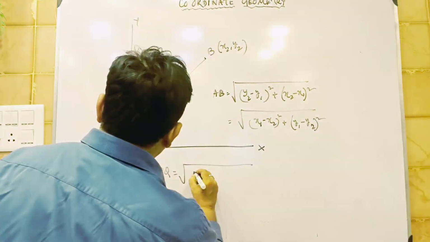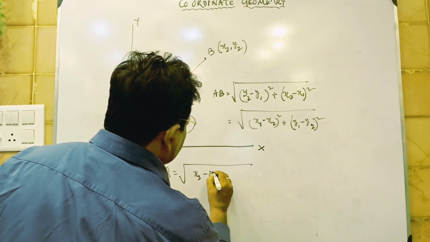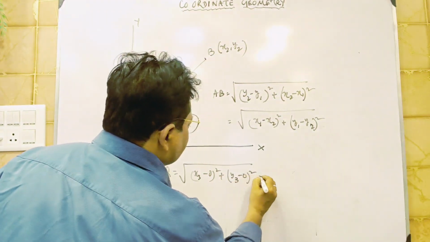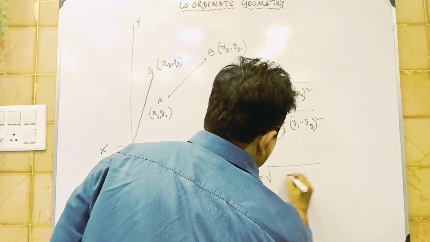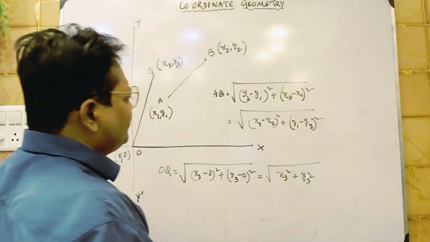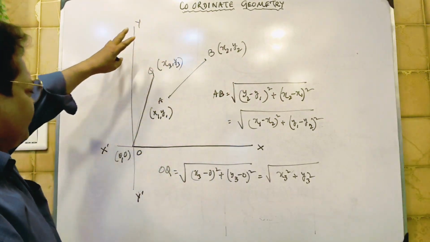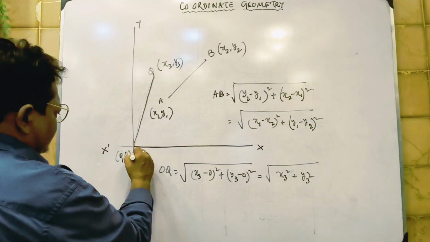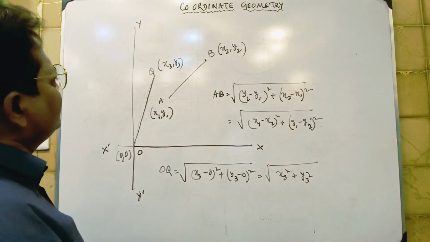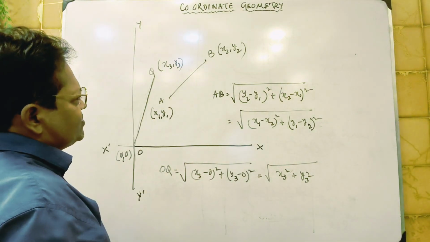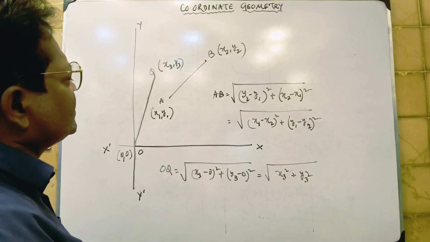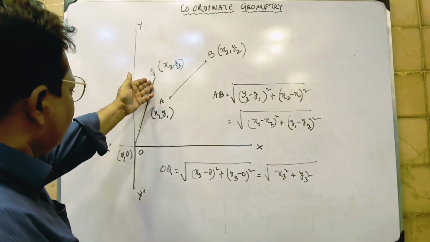OQ will be the square root of x3 minus 0 whole square plus y3 minus 0 whole square, that is, root over x3 square plus y3 square. This is a very basic way of finding the distance between two points. Now the distance from the origin, I have also told you.